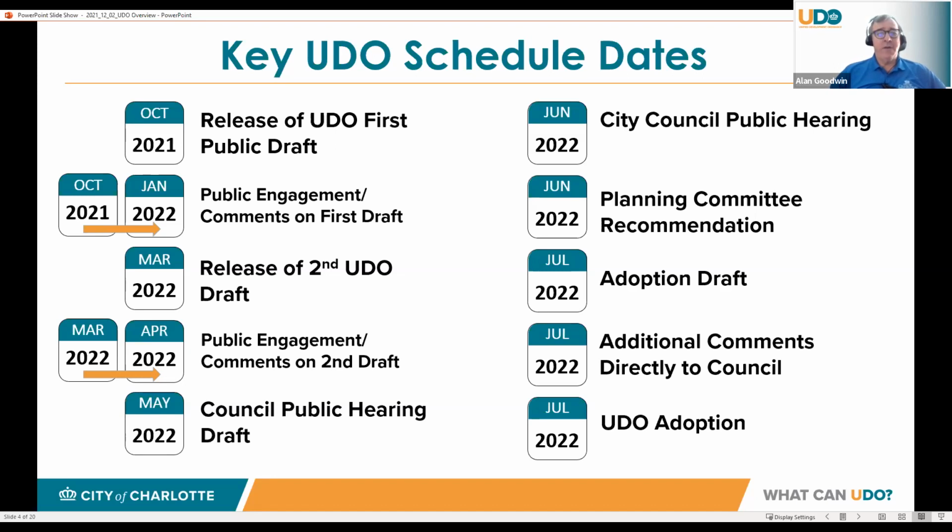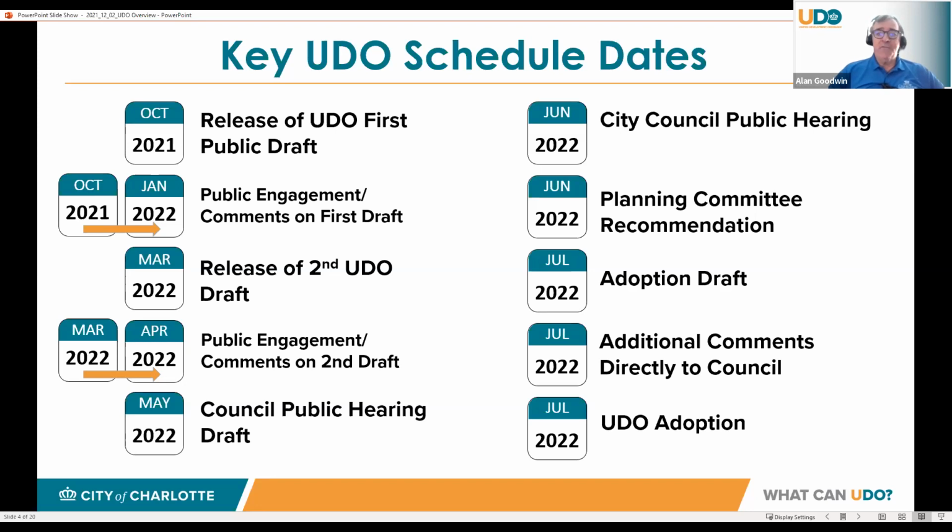And we'll have another period of public engagement where we'll collect comments and feedback on the second draft. Then we will develop a public hearing draft that will go to the public hearing that City Council will hold. That public hearing is currently scheduled for June. We'll also go to the planning committee of our planning commission, and they will review that.